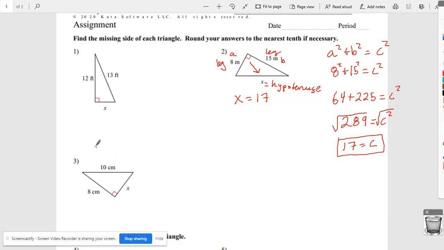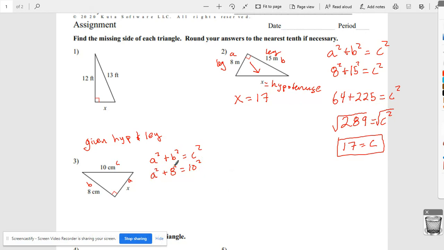In example 3, we're given the hypotenuse and a leg, and we want to find another leg. So really, if we set this up, a squared plus b squared equals c squared, we don't know this a squared. We can go a, b, c, but we do know b to be 8 squared is equal to 10 squared.